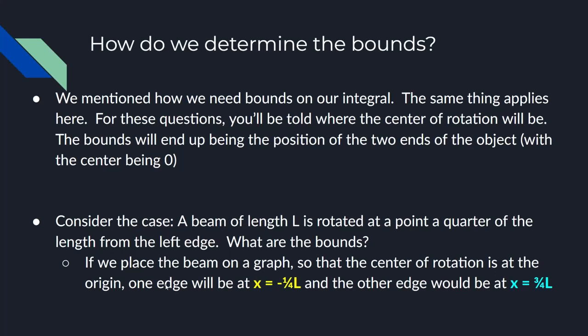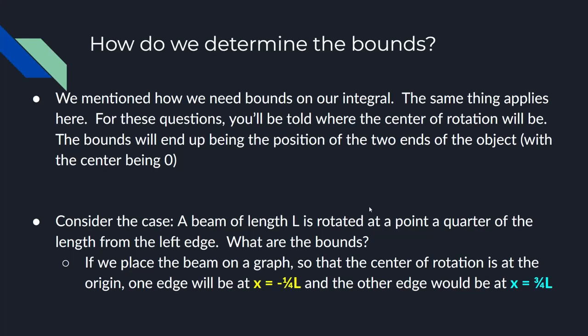A perfect example is this. Let's say that we had some beam of length L, and we're going to rotate it at a point that was a quarter of the length away from the left edge. So it's halfway between the left edge and the center of the object. Well, at that point, because the left edge is to the left of it, I would say that it's negative 1/4 L because it's to the left of where my rotation is.